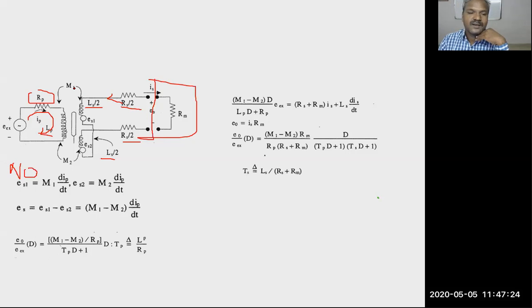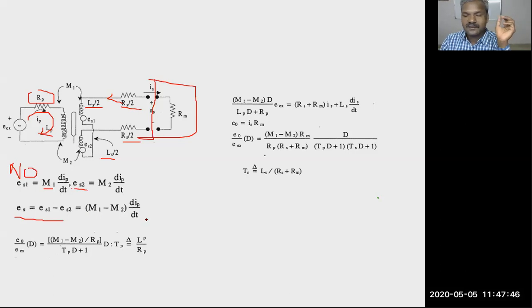Here, it is not self inductance but mutual inductance, so the EMF induced is M1 dIP by dt. Similarly, the EMF induced in the other secondary is M2 dIP by dt. The output is the difference between ES1 and ES2, so (M1 minus M2) dIP by dt.